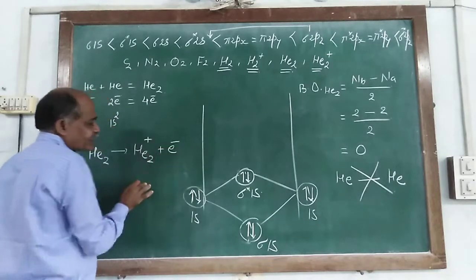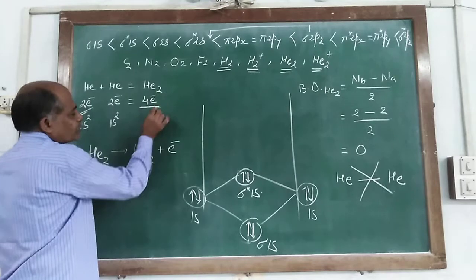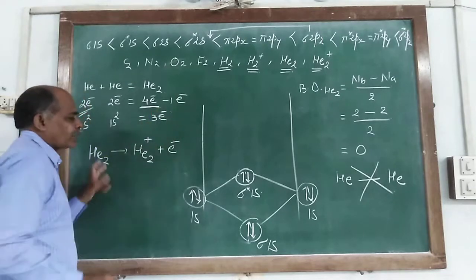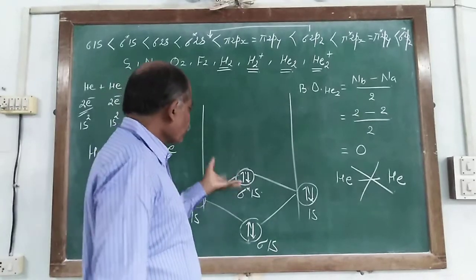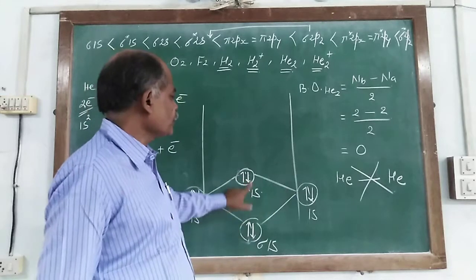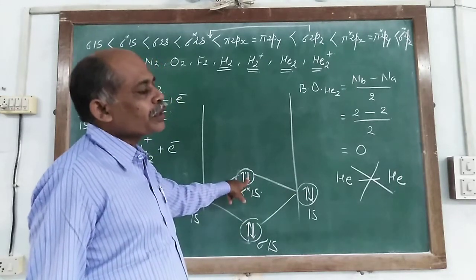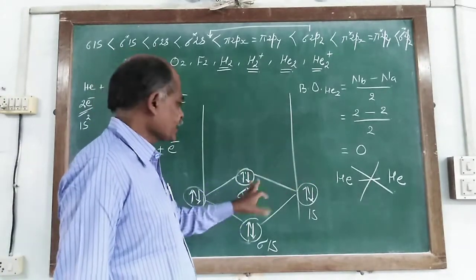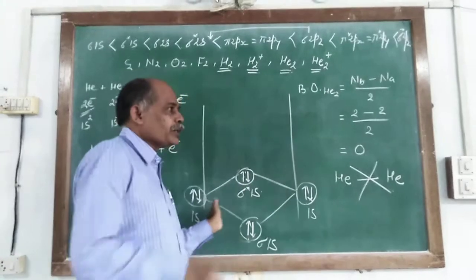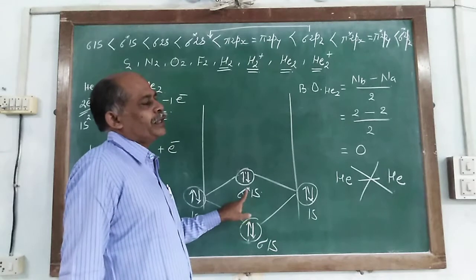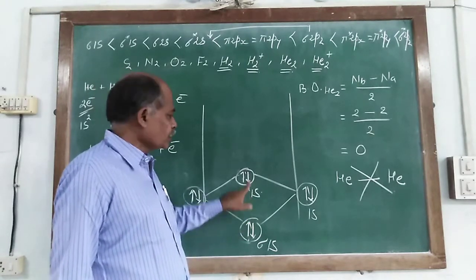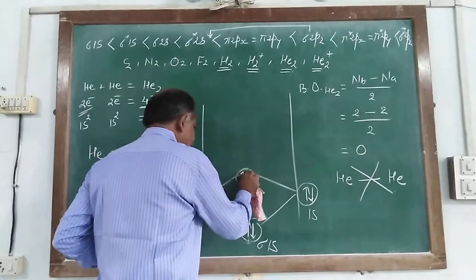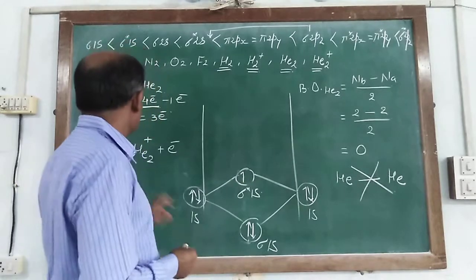So from the 4 electrons, it loses 1 electron, and the remaining 3 electrons are accommodated. The electron released is from the molecular orbital having the higher energy, which is filled last and removed first. So from the anti-bonding molecular orbital, 1 electron is lost to form the He2 plus ion.